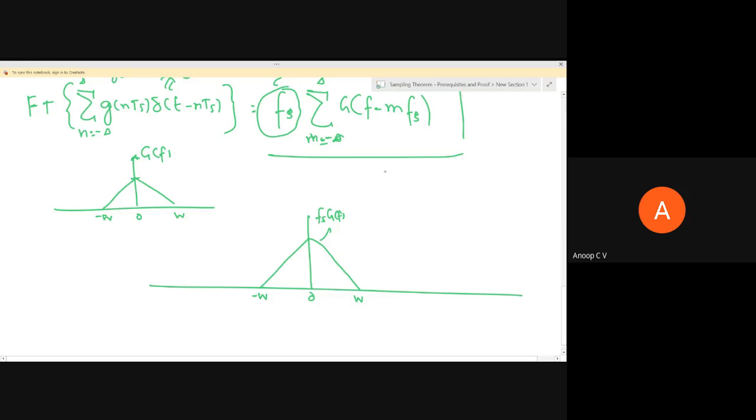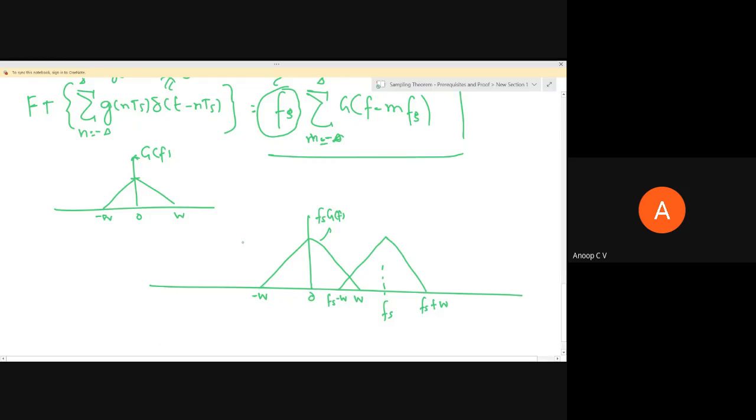The different cases are possible depending upon how fs is related to w. So maybe initially I'll consider it like this. This will be centered at, say, fs. This will be fs plus w, this will be fs minus w.